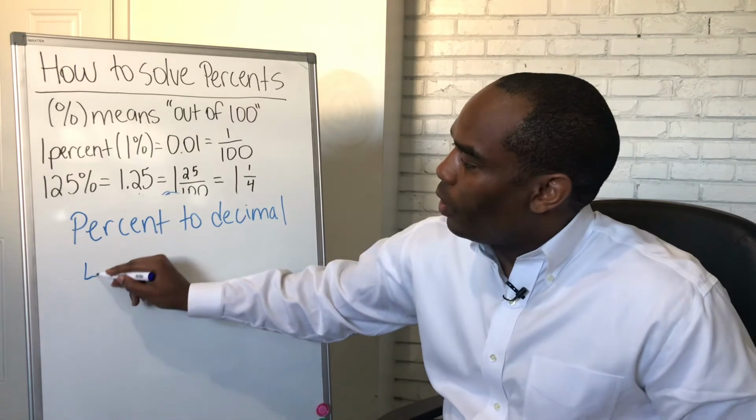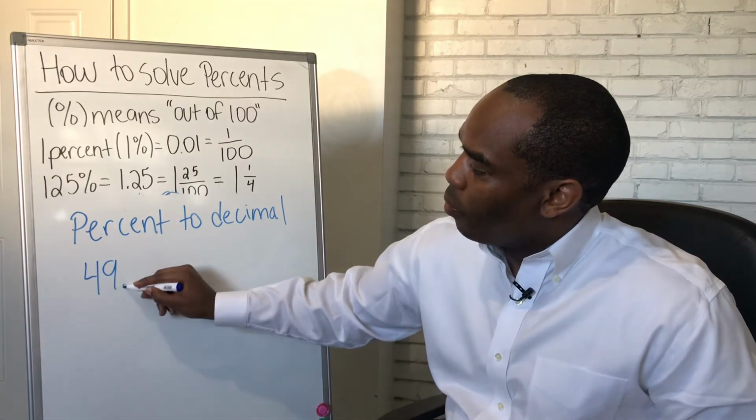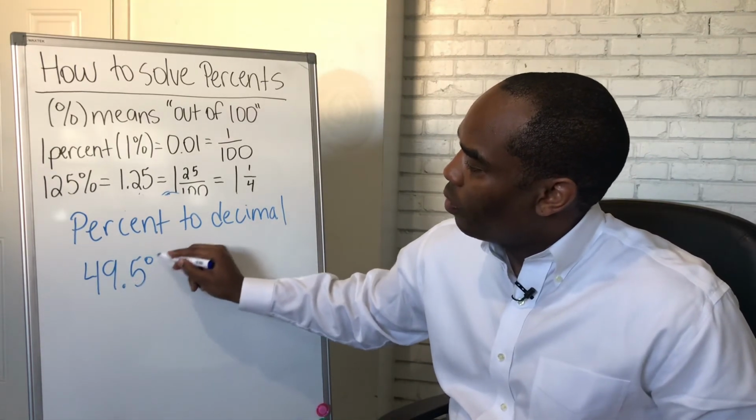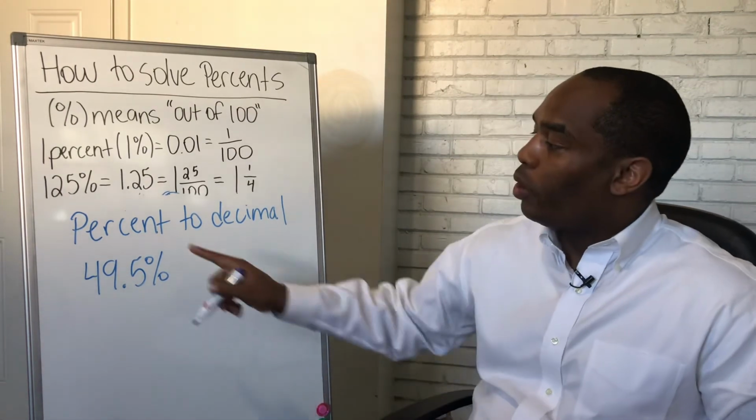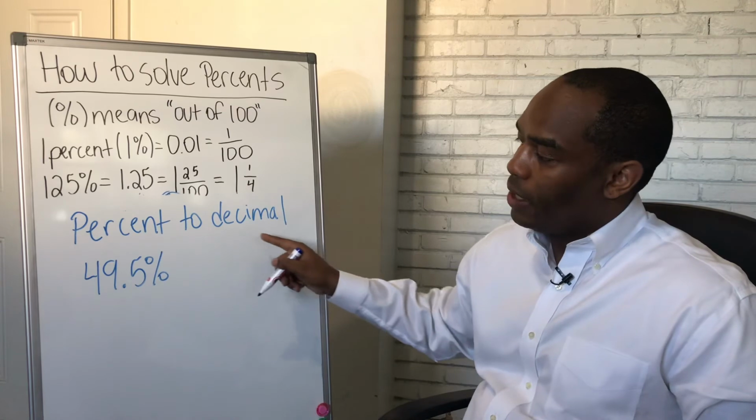Say we start off with a percent, 49.5%, and we want to go from a percent to a decimal.